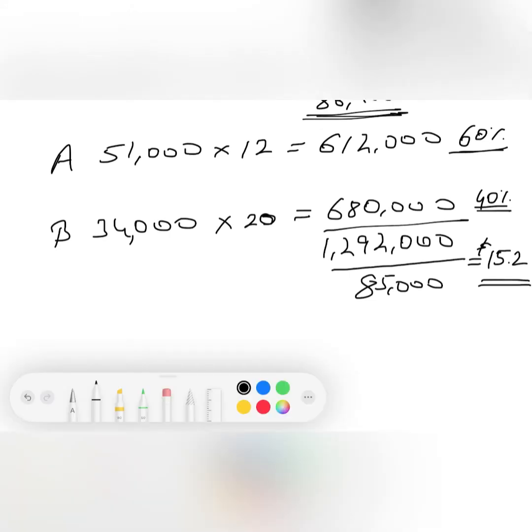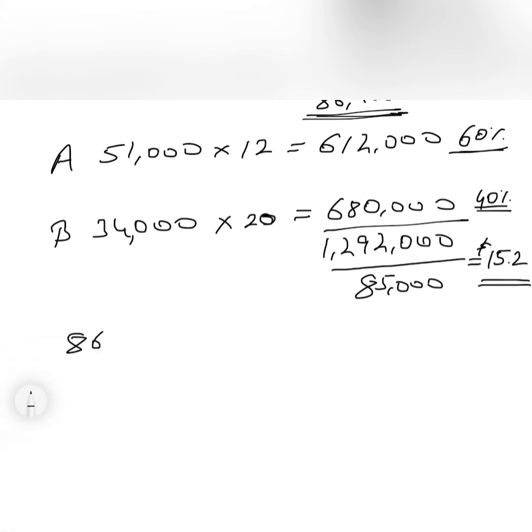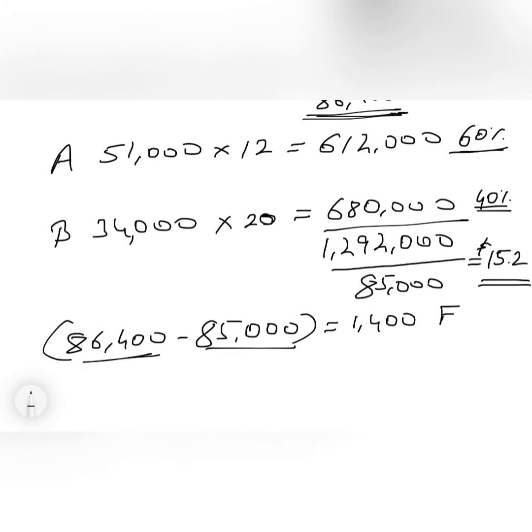So to find the yield variance, we take the total hours you are supposed to spend in creating these products, which is 86,400, minus the total hours you really spent, which is 85,000 hours, which gives you a total of 1,400 hours. And this is favorable because you're supposed to spend 86,400, but you only spent 85,000 hours. So you saved 1,400 hours.